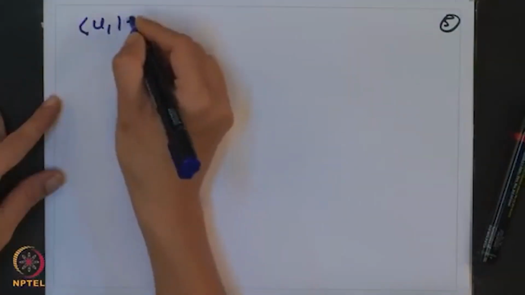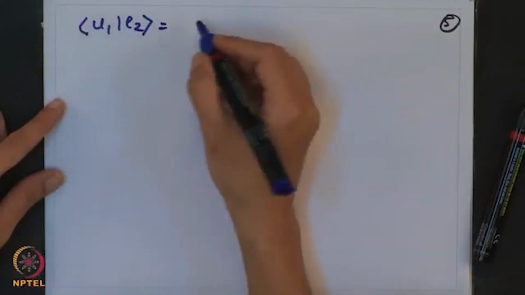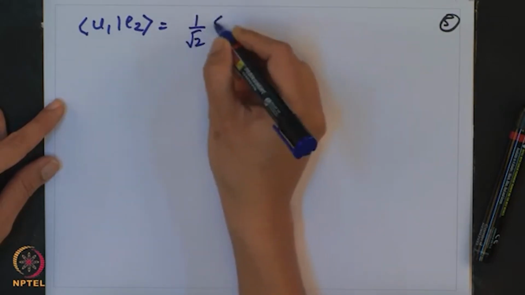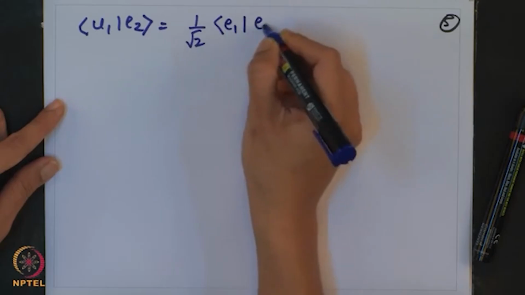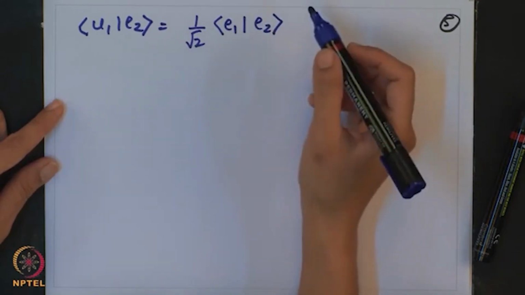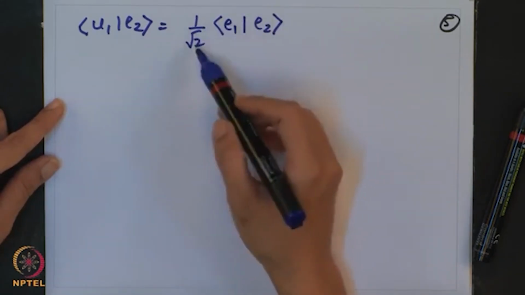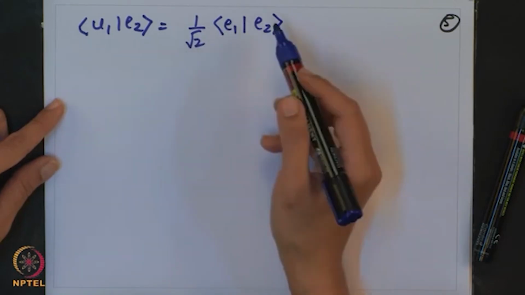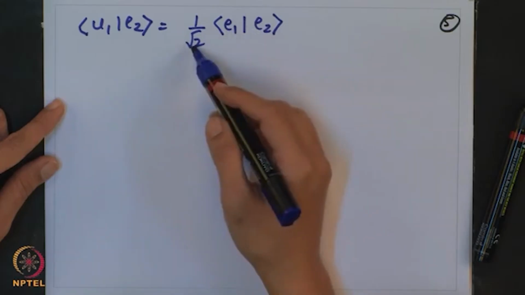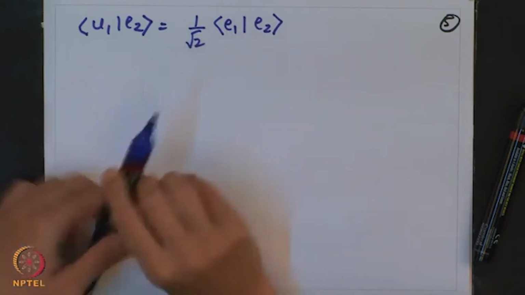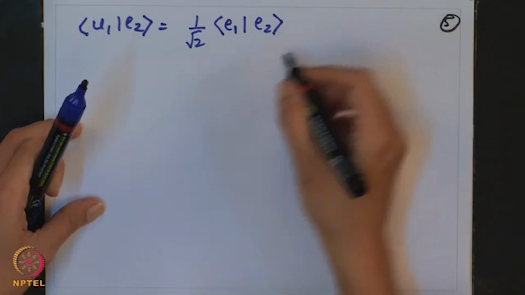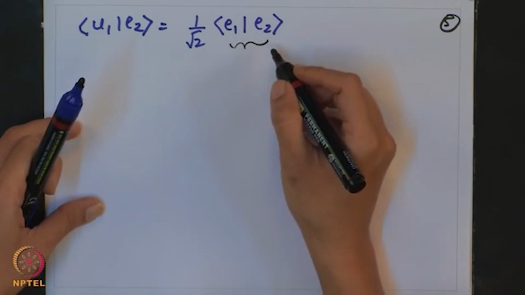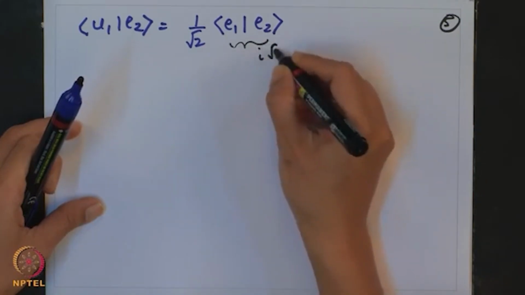U1 on E2. So U1, as we have just now seen, is 1 by root 2 E1, and then E2. Since we have real component, we can write this directly. The complex conjugate of ket E will be bra E with this normalization factor, and you are given that this E1 on E2 is i by root 2.